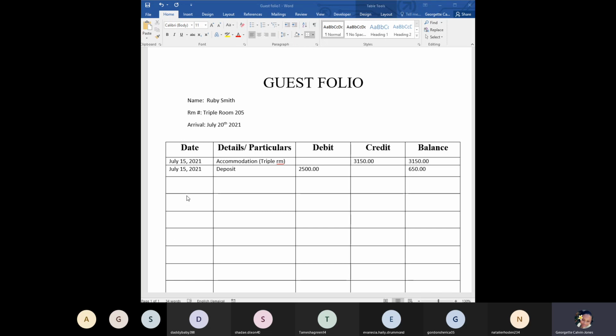All right, so A is saying that she paid her balance in full. All right, and what date did she pay her balance? What date she paid her balance?